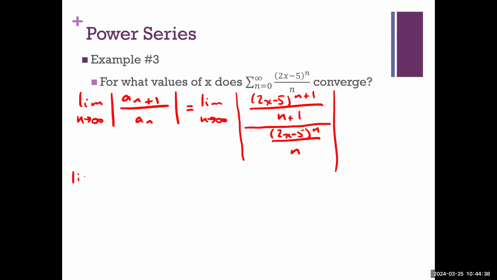And I would really love to simplify it however I can. Does any simplifying happen? What happens? Okay, so what am I left with after I do that cancellation? 2x minus 5 times n over n plus 1.